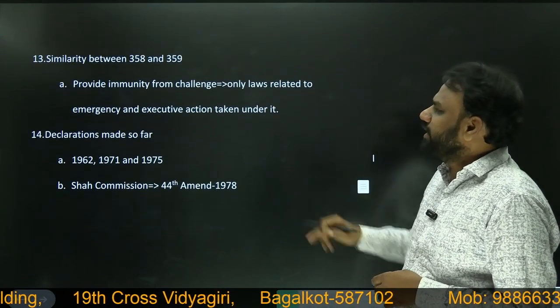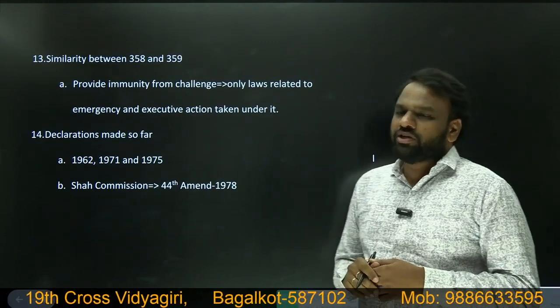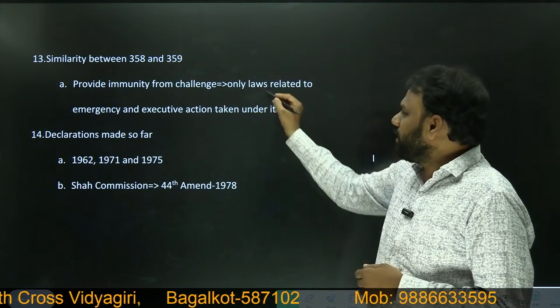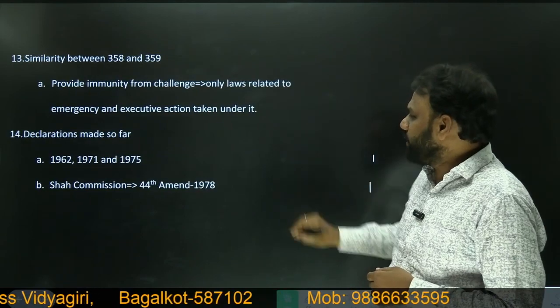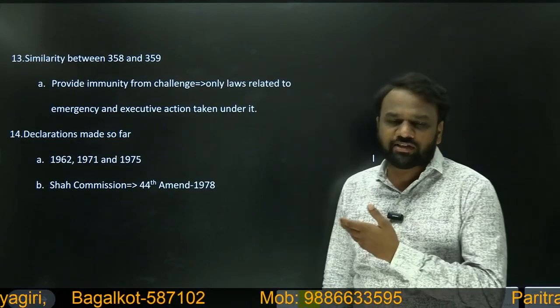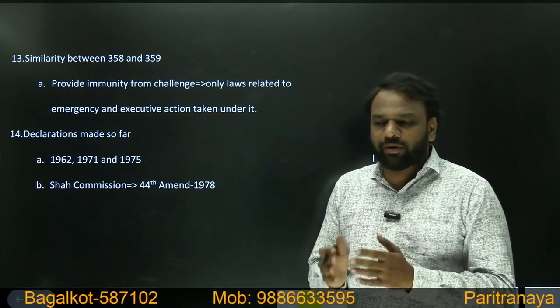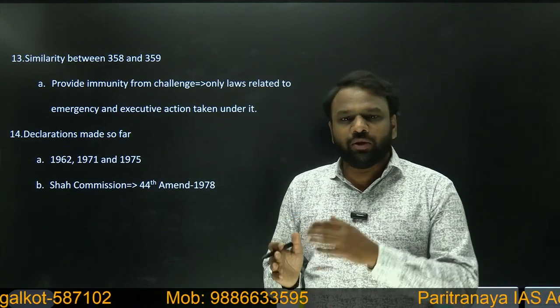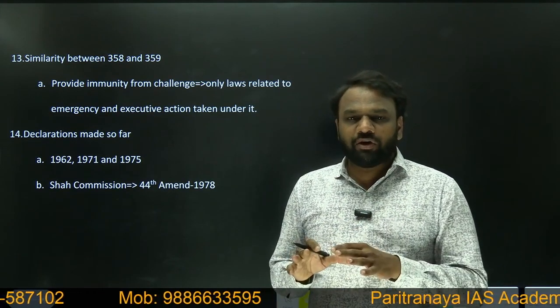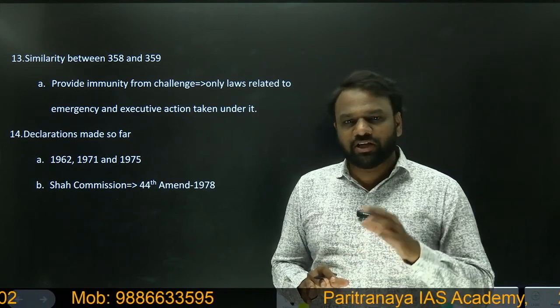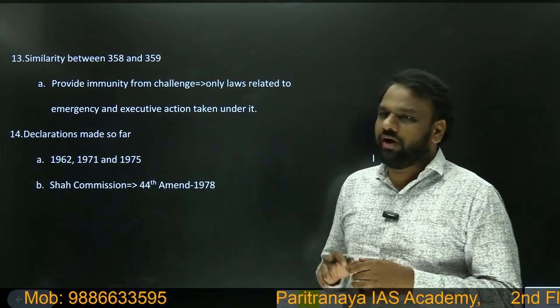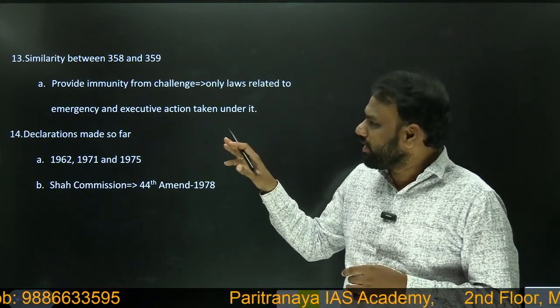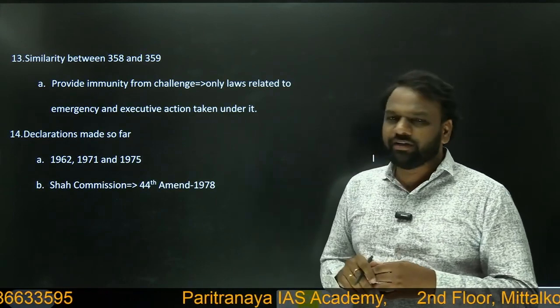Next, the similarity between 358 and 359: they provide immunity from challenge only to laws related to the emergency and executive action taken under it. As we have seen with an example, the laws which were made during emergency cannot be challenged in the court, but laws which were made during ordinary, normal time can be challenged in the court of law. This is common to both article number 358 and 359.